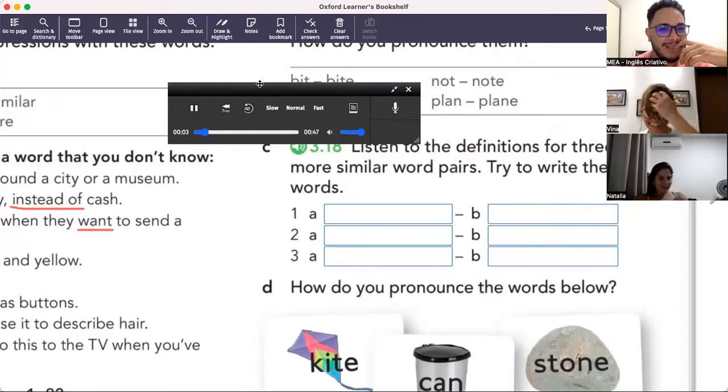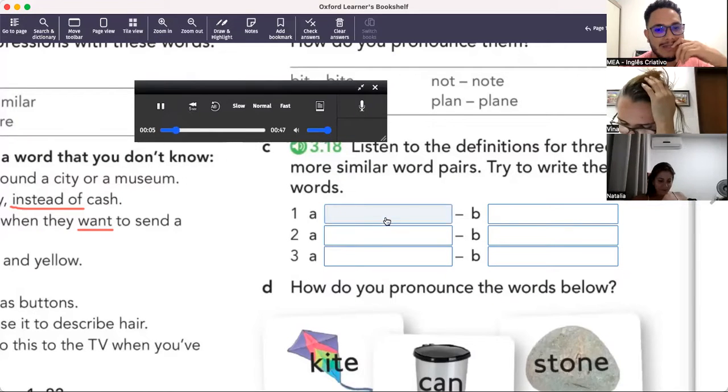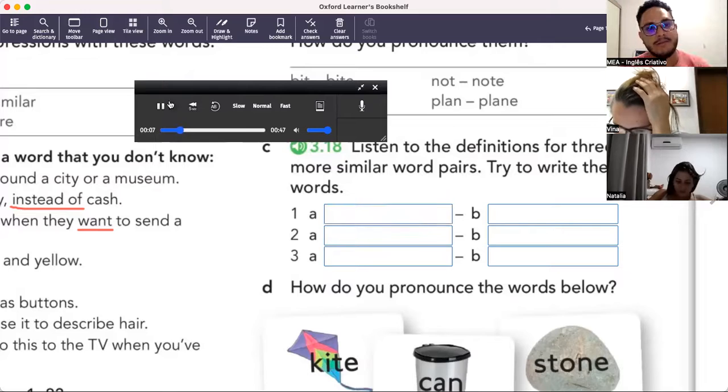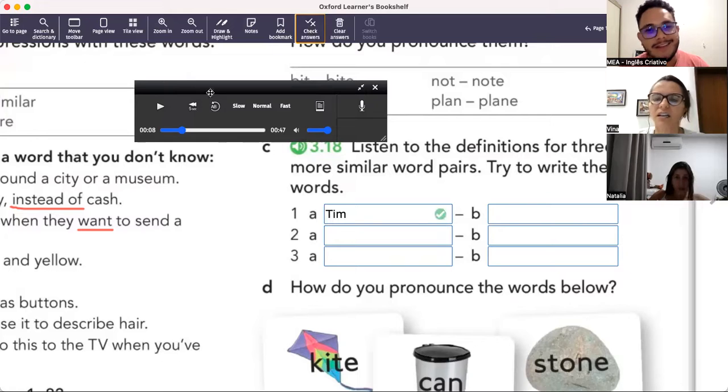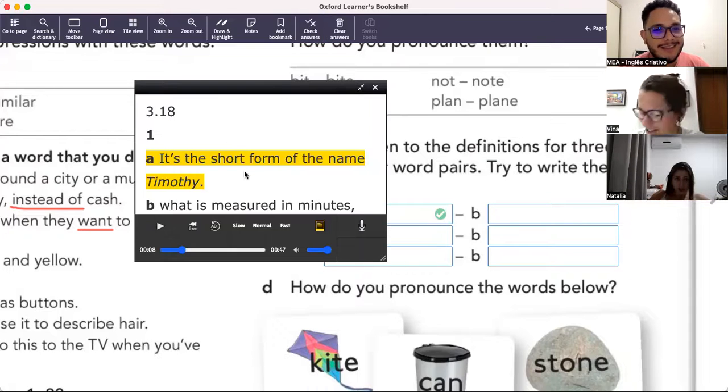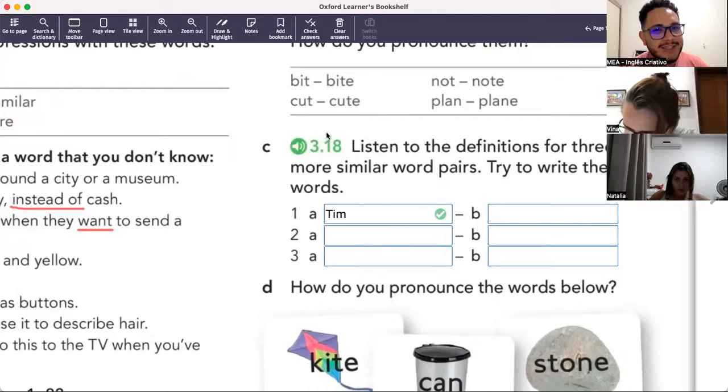I promise. 1. A. It's the short form of the name Timothy. Yes, it's the short word.